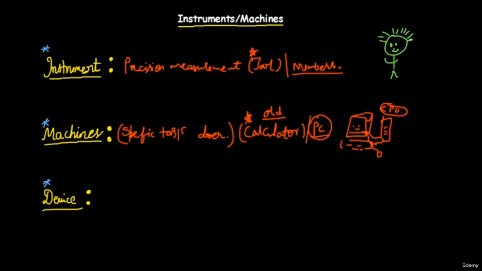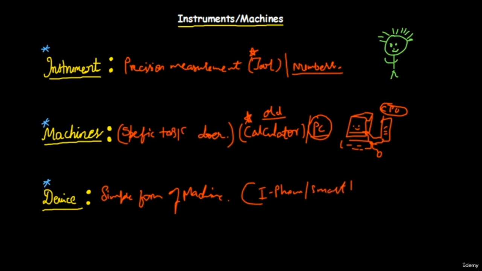Now, what is a device? A device is a simple form of machine itself. The best example we can take is our iPhone or iPad, or you can just say smartphone or Android and all that. So that is called a device.